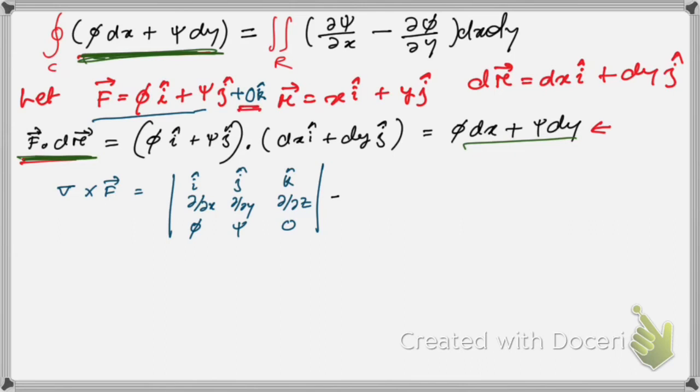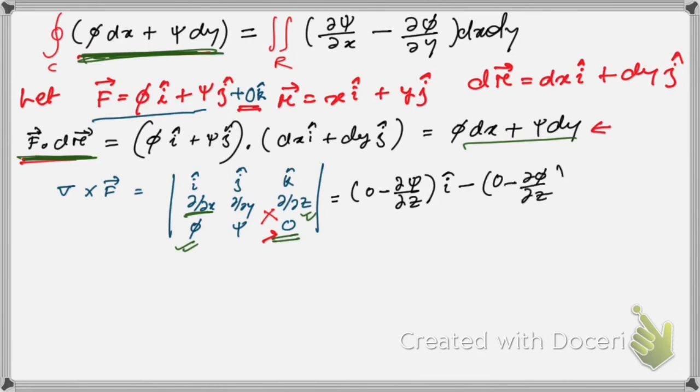If you evaluate this, then you will get 0 minus del psi by del z i cap, minus del phi by del z j cap, then plus del psi by del x minus del phi by del y, that is k cap. That's what we're going to have.